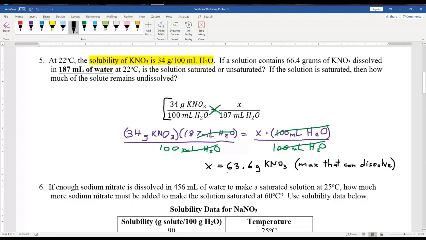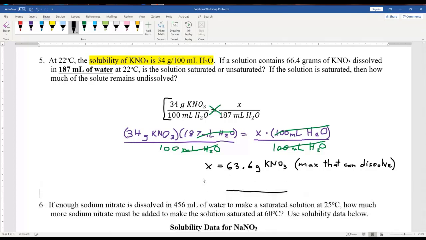Assuming that this is the maximum amount that can dissolve, anything beyond this will not dissolve. It'll just stay as a solid. So is this solution saturated or unsaturated? What do you think?